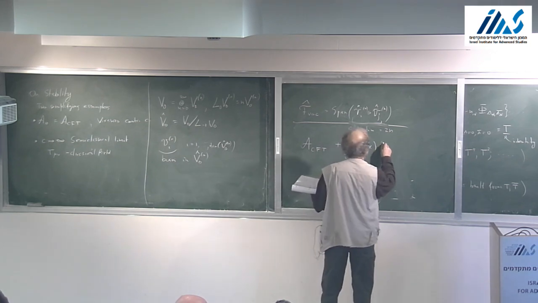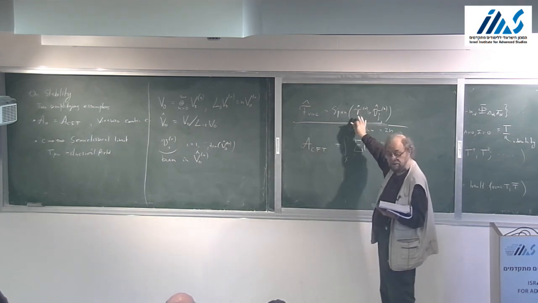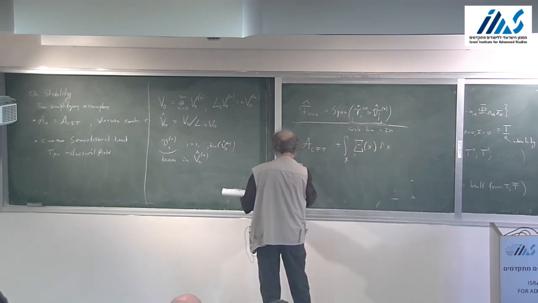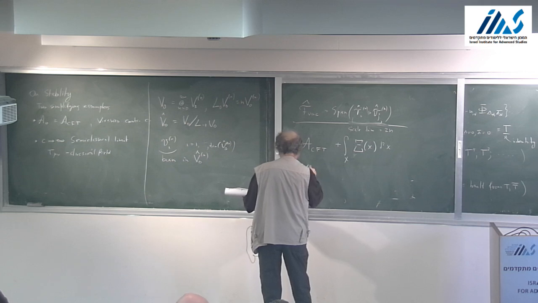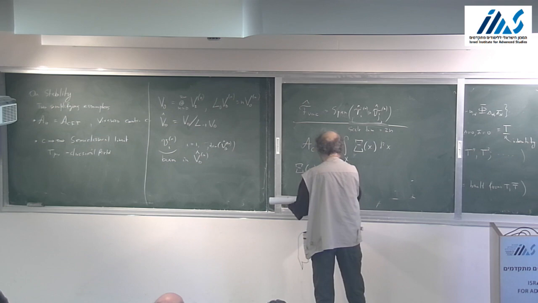Okay, I'm going to write down sigma, which is sort of an element of this space. So we can write it down. Sigma of x. I'm prepared to write it down explicitly. Well, not explicitly really.